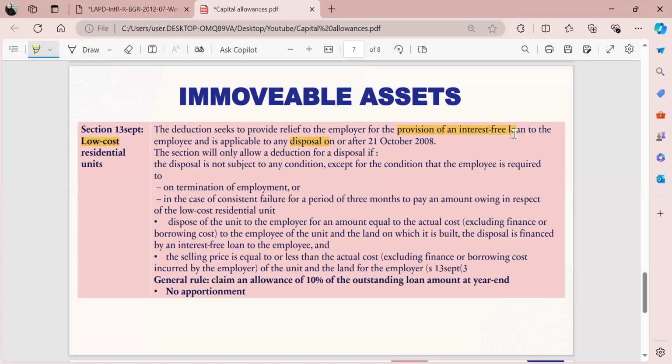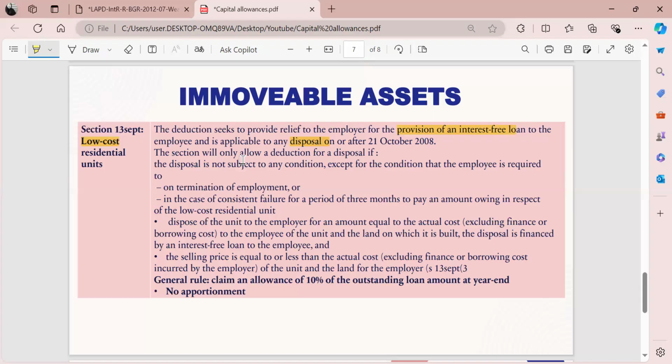So that's another thing, though. There's an interest-free loan included in that transaction, and there's a transaction between employer and employee where the employer is giving the employee a low-cost residential unit, but is also extending an interest-free loan so that the employee can be able to pay for this unit. So just take note of that.